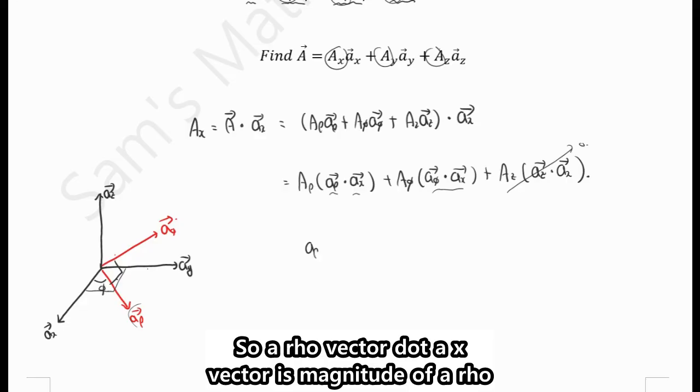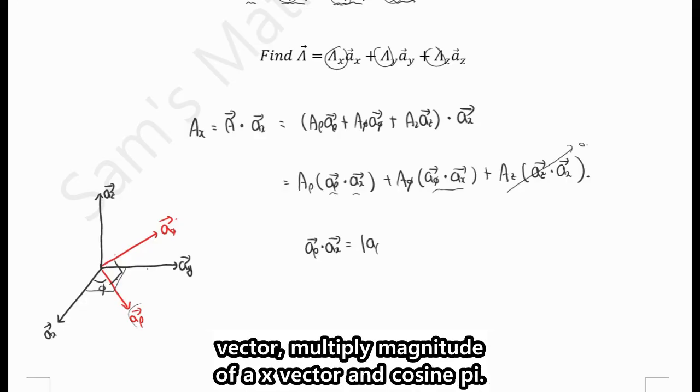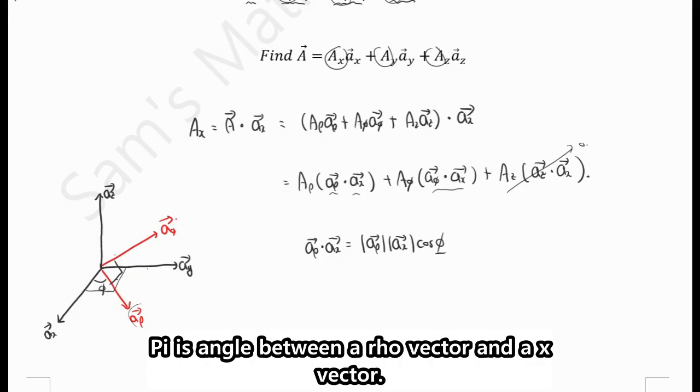So Aρ vector dot ax vector is the magnitude of Aρ vector multiply the magnitude of ax vector and cosine φ. φ is the angle between Aρ vector and ax vector.